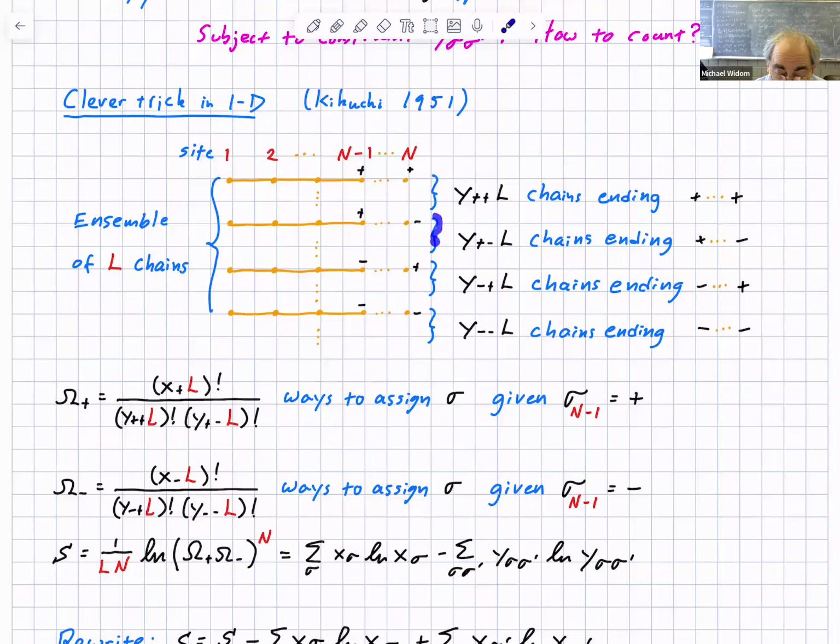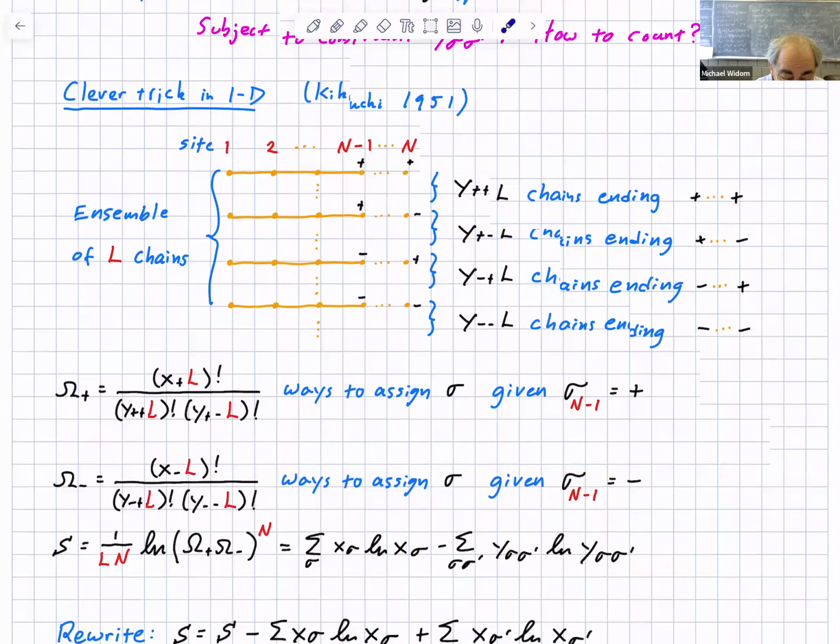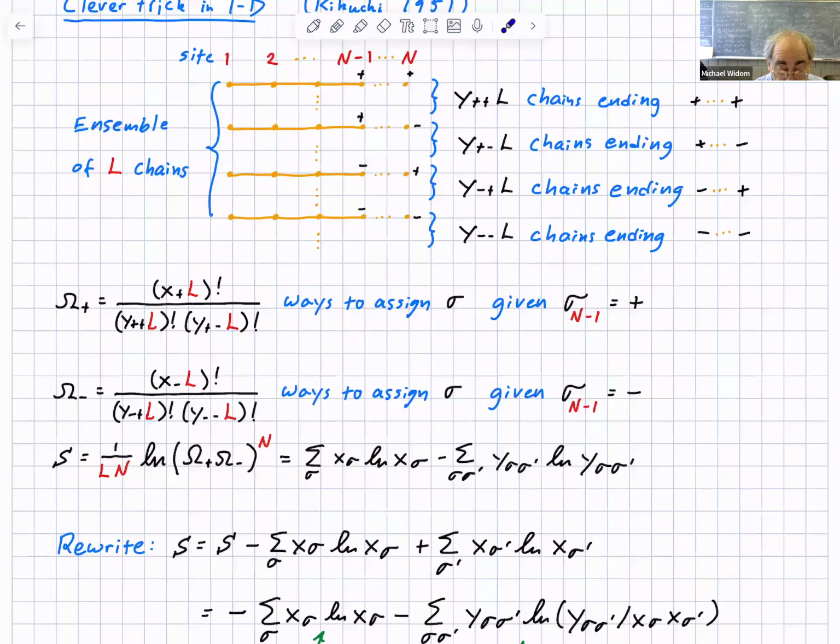How many are in the next group? Well, the next group ended in plus, but then went on to minus, so they're y plus minus there, and so on and so forth. And then if you work out the combinatorial factors to count how many cases there are, you end up with these factors. So what is the total entropy?